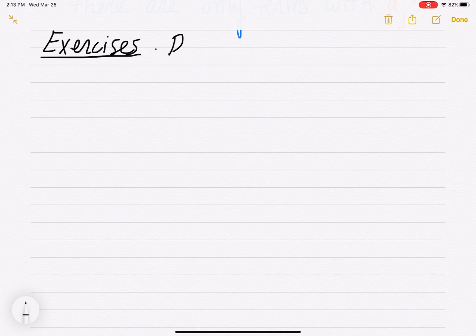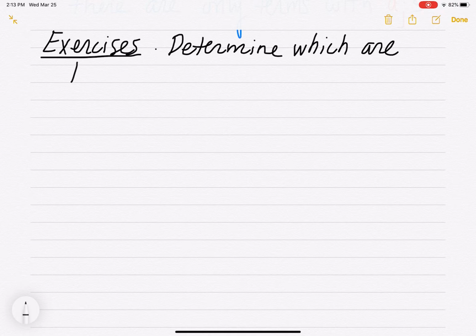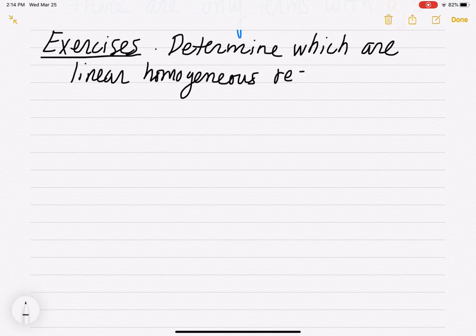Determine which are linear, homogeneous, recurrence relations, with constant coefficients.